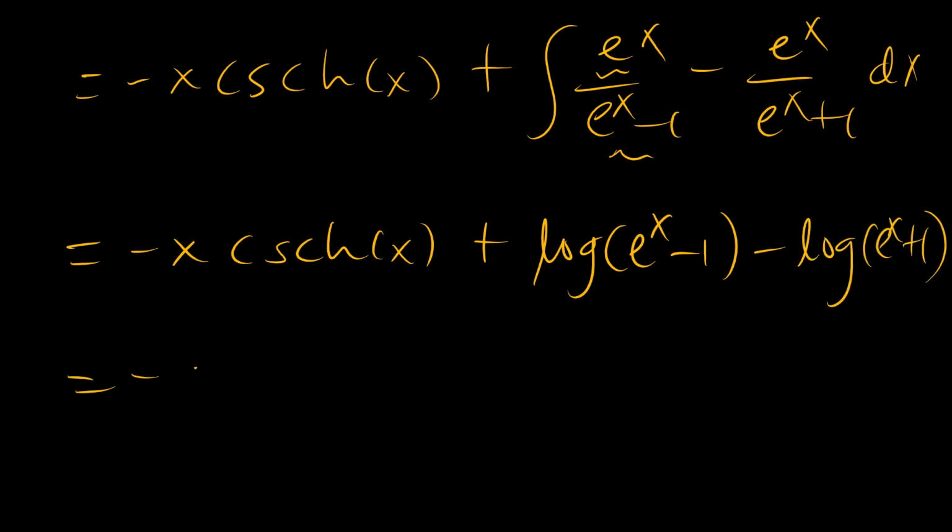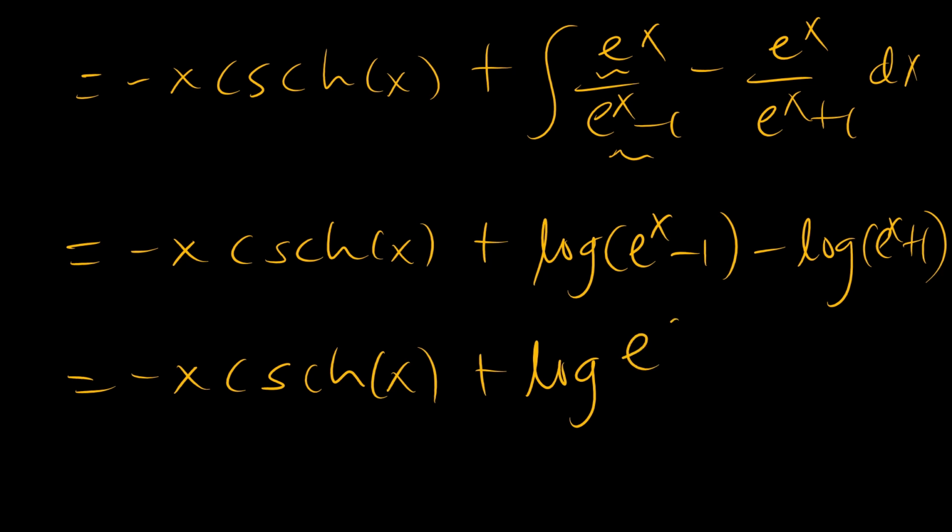So this is x hyperbolic cosecant of x plus, by rules of logarithm, we have e to the x minus 1 over e to the x plus 1 plus the integration constant, which we don't want to forget.